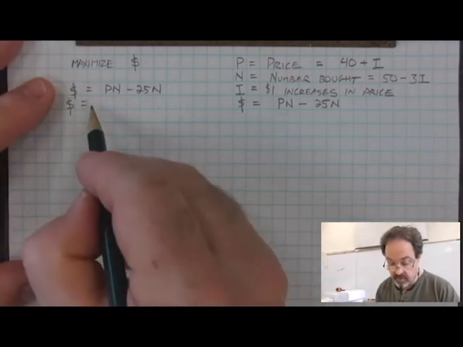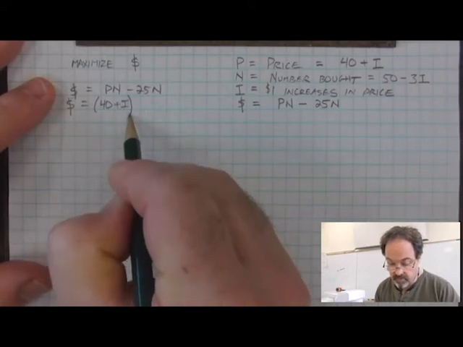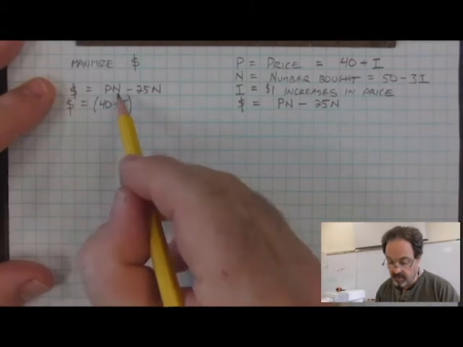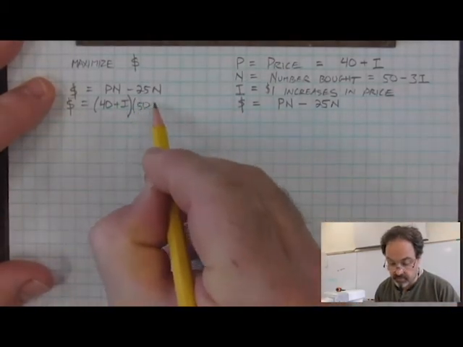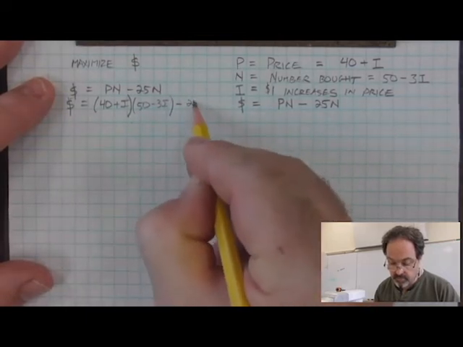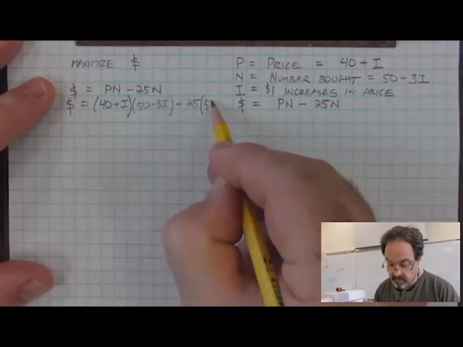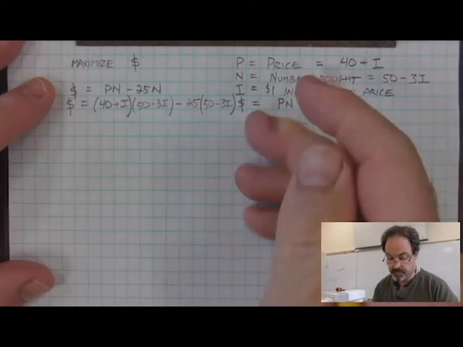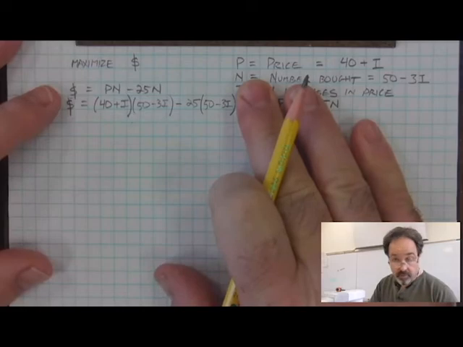Instead of P, price, I'm going to substitute 40 plus I. Instead of N, I'm going to substitute 50 minus 3I. Minus 25 times, substituting N again, 50 minus 3I. Here I have an equation with one variable, I.